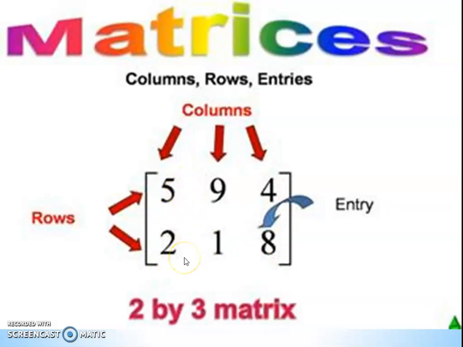Now 5, 2 is the first column, 9, 1 is the second column and 4, 8 is the third column. How many rows are there? The first and second rows, that means 2 rows, and 3 columns, the first, second and third columns. So it is defined as a 2 by 3 matrix.